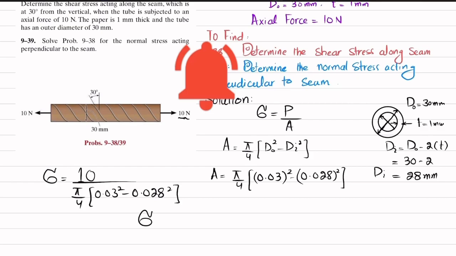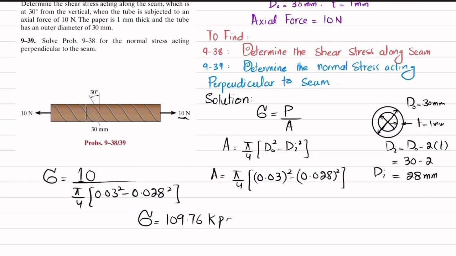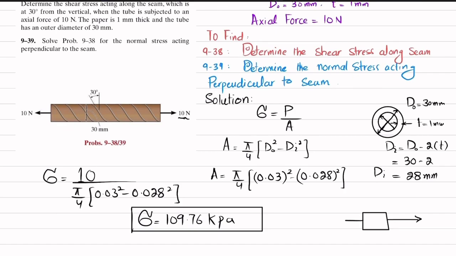When you solve this, the normal stress comes out to be 109.76 kilopascal. If you treat this as a state of stress on that element, you will have only this normal stress sigma, which is 109.76 kilopascal.